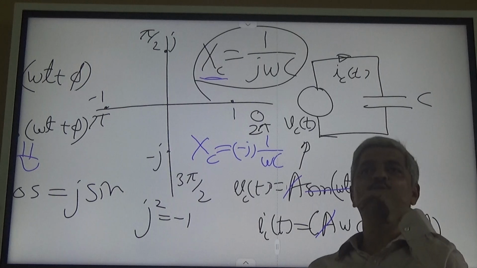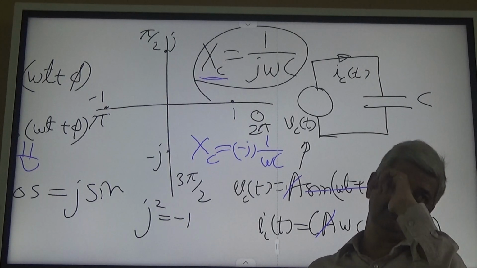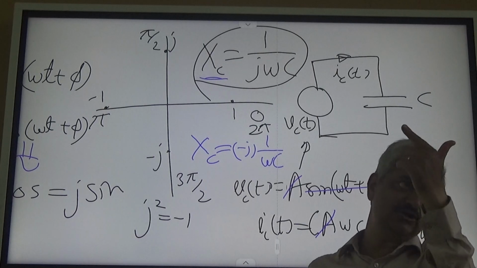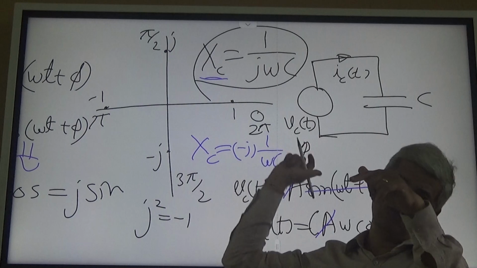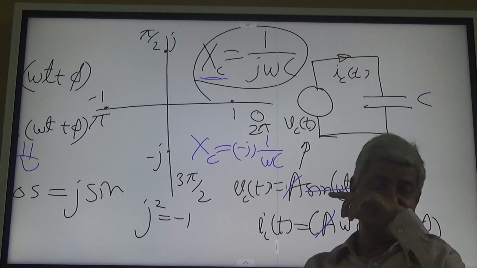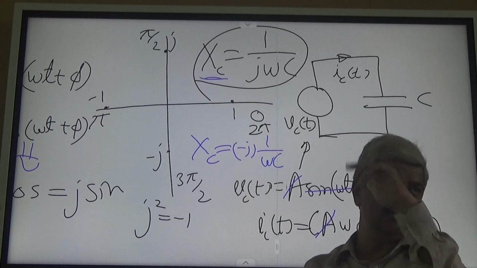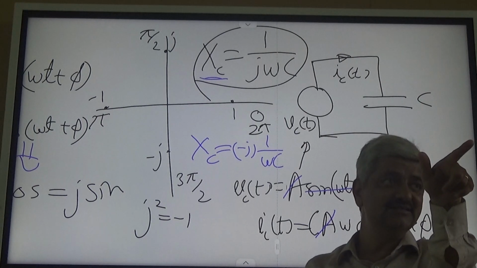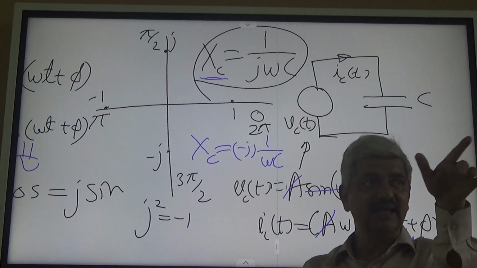So 1 upon omega c is the ratio of voltage across capacitor upon current through capacitor. And what does that J indicate? Can anybody complete?